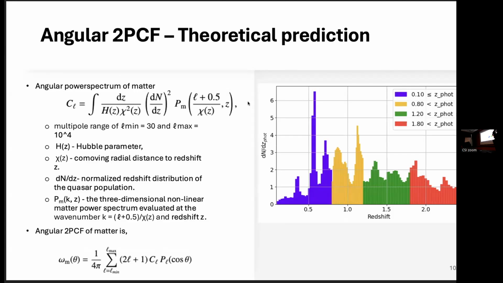Then the halofit-based nonlinear correction is applied. Then we take the Legendre transformation to get the angular 2PCF of matter. You can see here the dN/dz is the input from our side. It is the redshift distribution of the tracer, that means the redshift distribution of quasars here. In the figure, I'm showing the redshift distribution of quasars in 4 redshift bins.